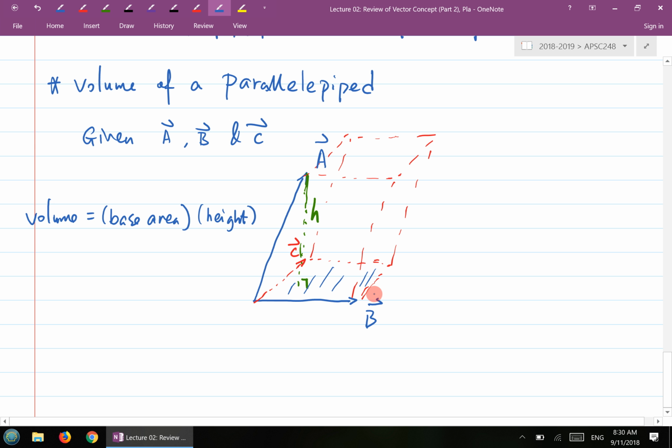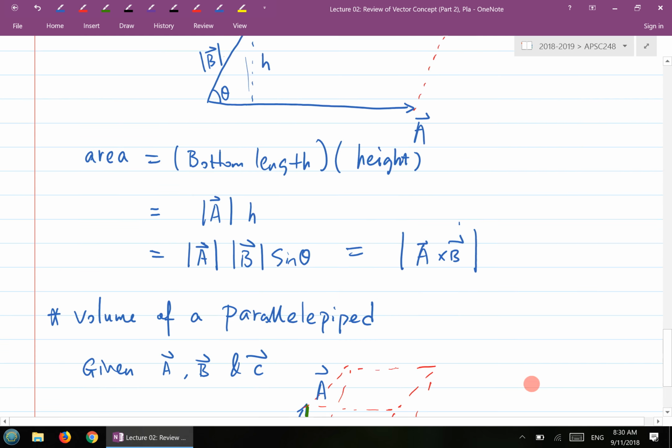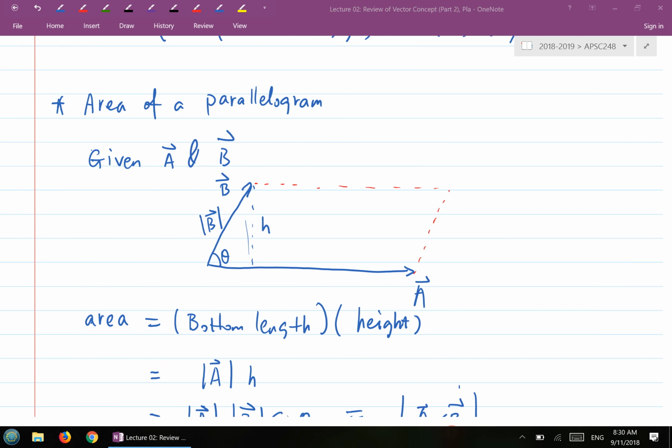So now when you look at this formula, let me continue the formula here. What's the base area? The base is a parallelogram. What we just did is the area of a parallelogram.